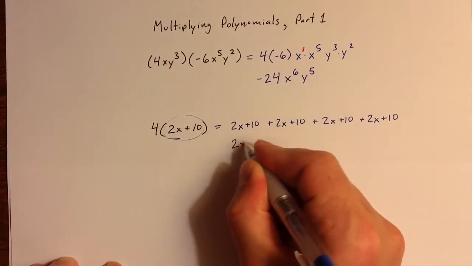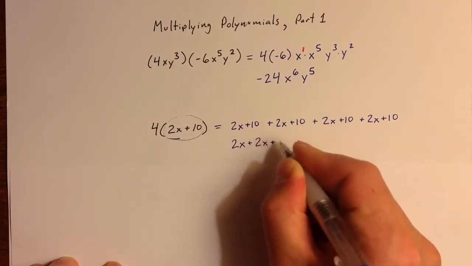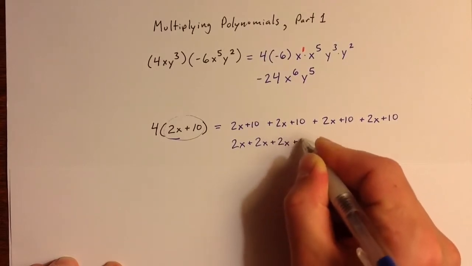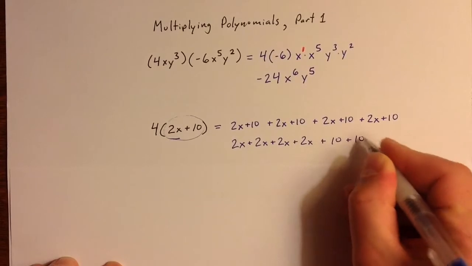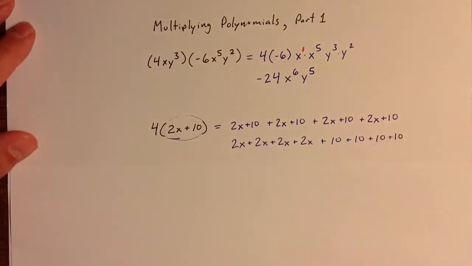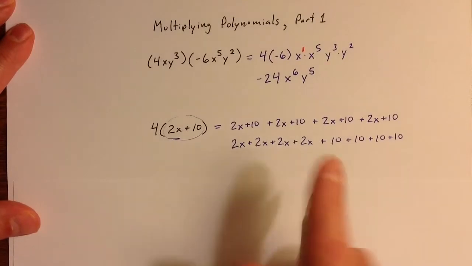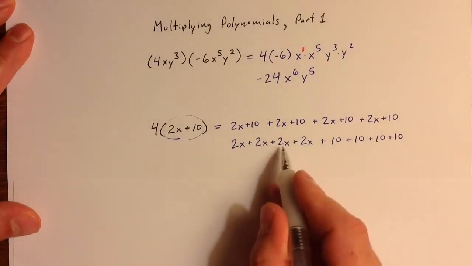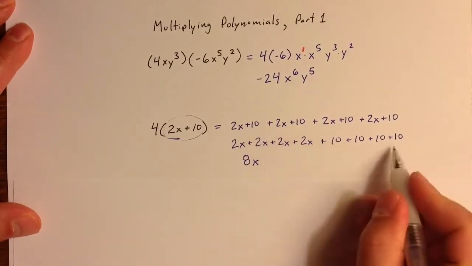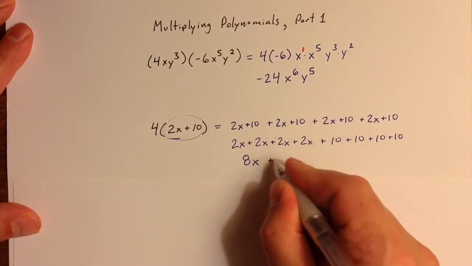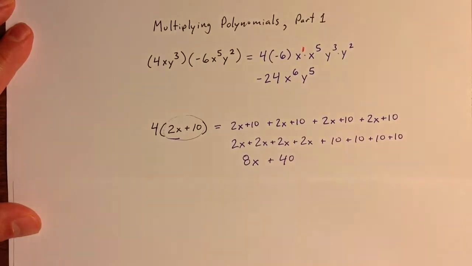So I really have 2x added to itself 4 times, and 10 added to itself 4 times. And so, gathering together the 2x's, that's going to become 2 plus 2 plus 2 plus 2, which is going to be 8x. And gathering together the 10's, we get 40. 10 plus 10 plus 10 plus 10.